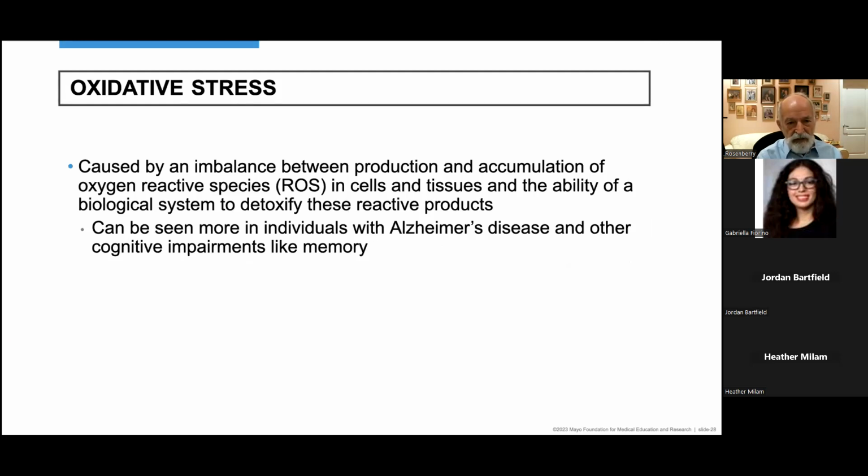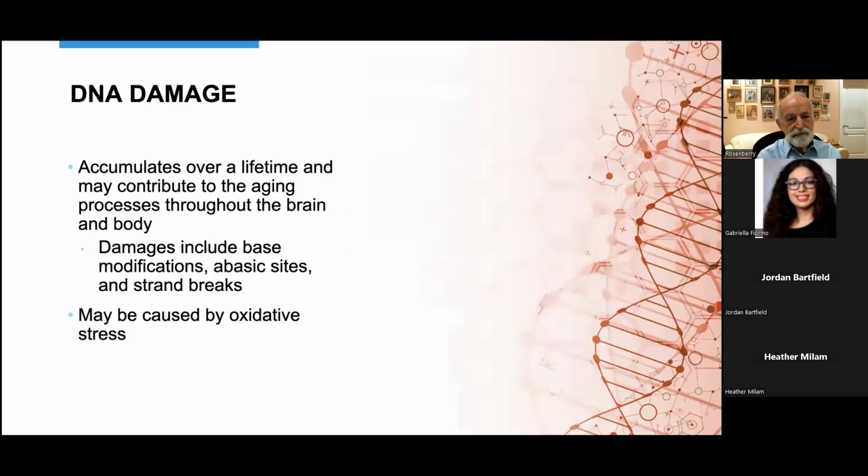This imbalance can be seen in individuals with Alzheimer's disease and other cognitive impairments like memory. DNA damage over a lifetime may contribute to the aging process throughout the brain and body. Damages include base modification, abasic sites, and strand breaks, and may be caused by oxidative stress.